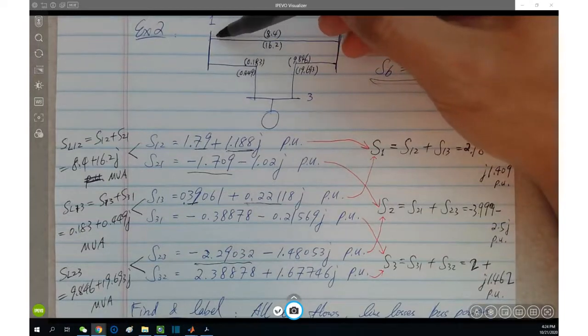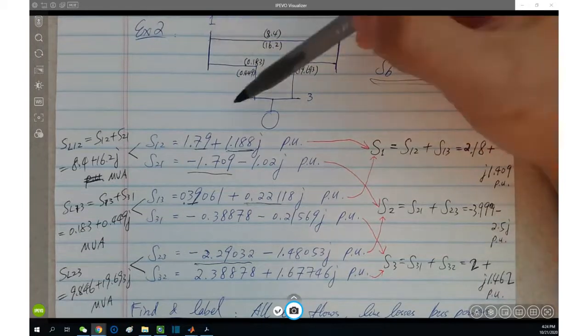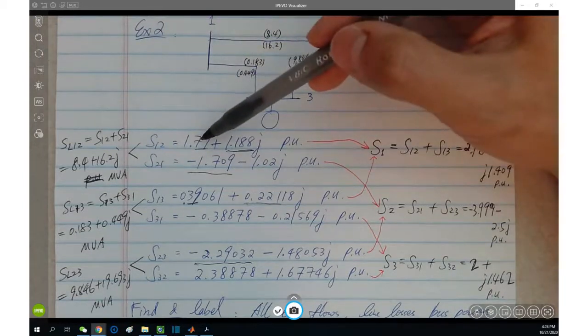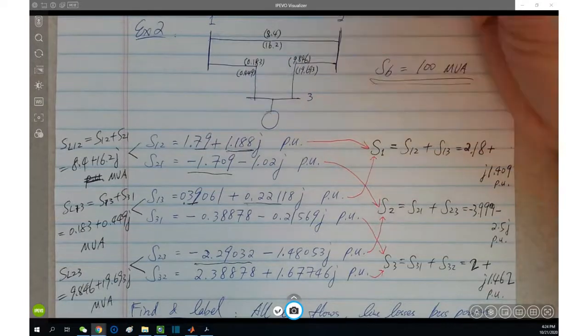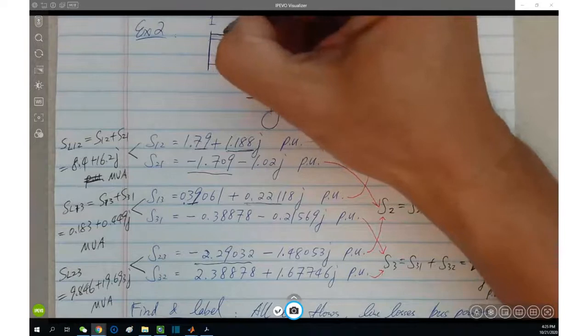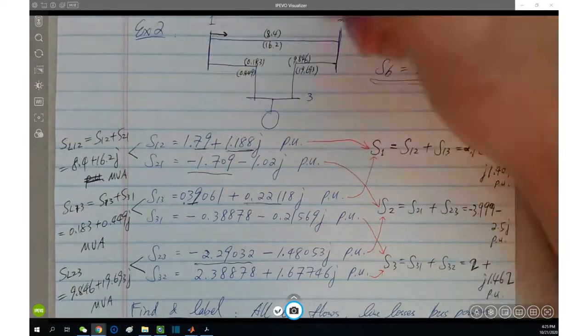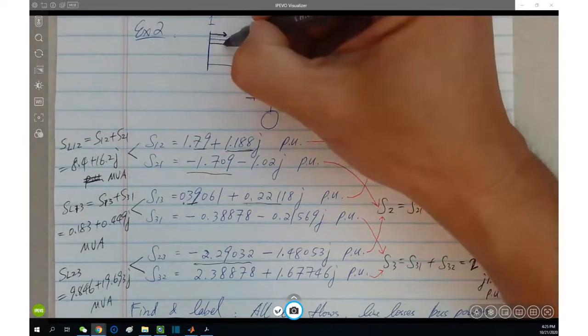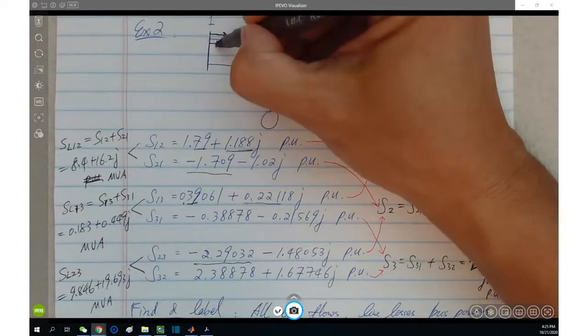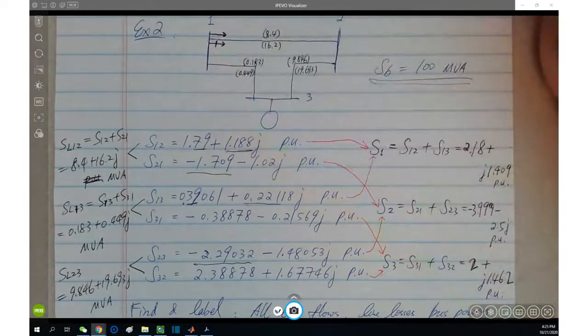S12 means close to bus 1, and is a positive 1.979. So it's this way. Reactive power is also positive. Okay, it's this way, but with a bar with it, indicating the reactive power.